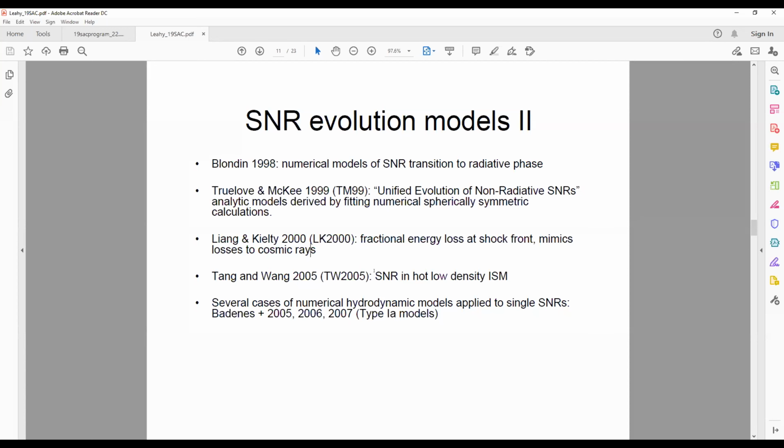Some supernovae go off in the hot ISM, and then it would affect their late evolution because of the high pressure of the ISM, which is ignored in standard models. And then later, if you go to full hydrodynamic models, you could do better, but then you can only model one remnant at a time, and you have to guess at all the initial conditions.